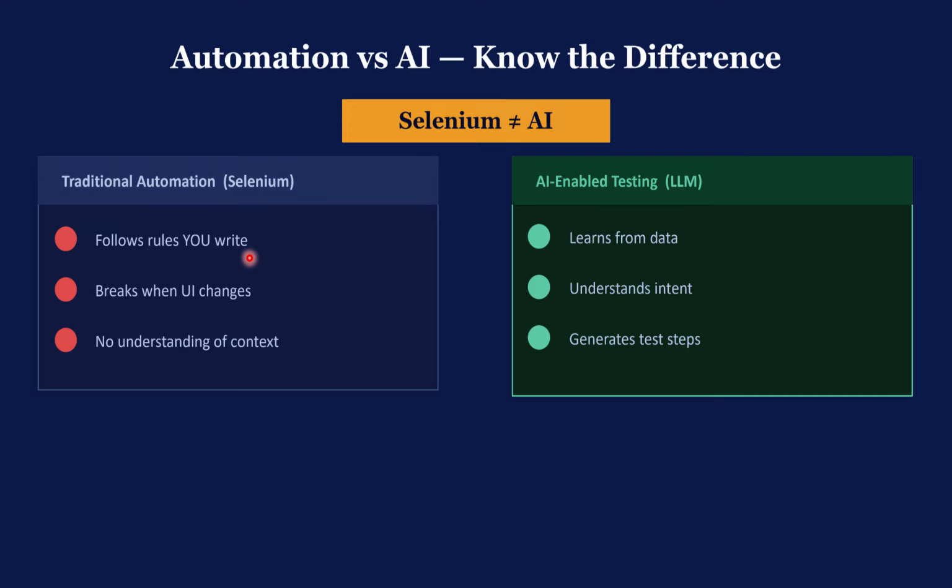So, based on the programmed sequence, it is going to execute. And if the UI changes, the script will fail. And there is no understanding of the context. But AI tools learn, understand the context, and even generate test steps. And this difference will change how testing is done.